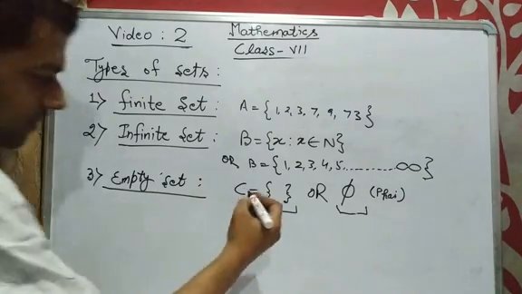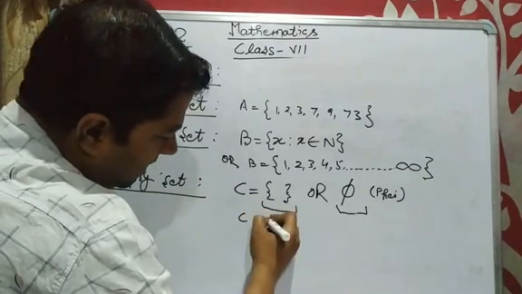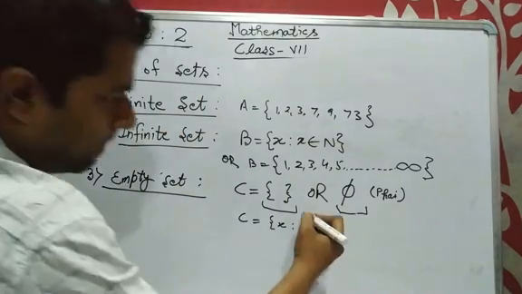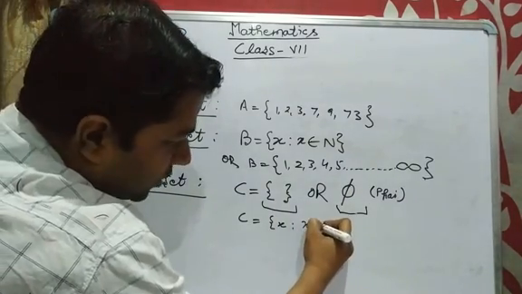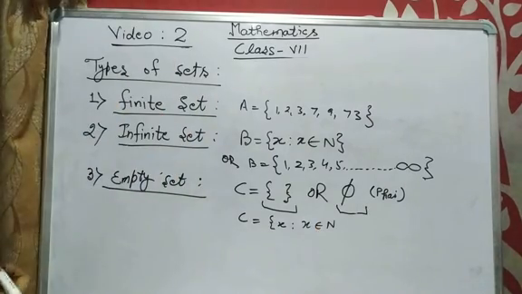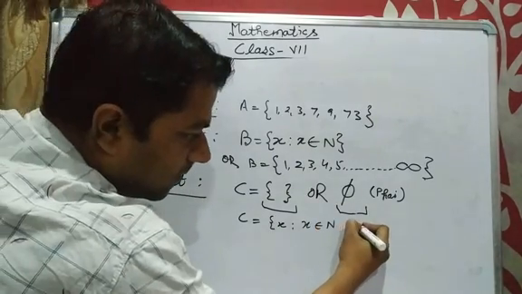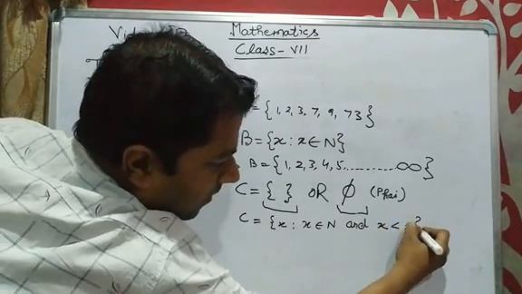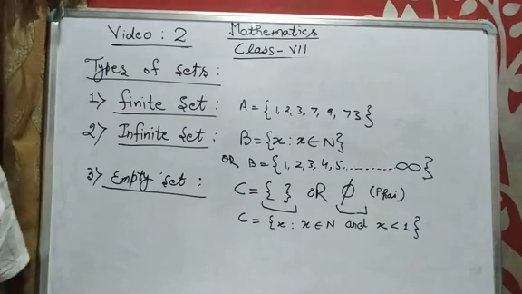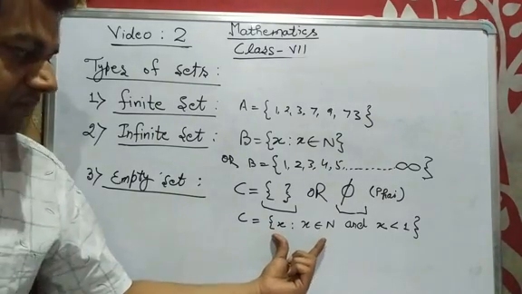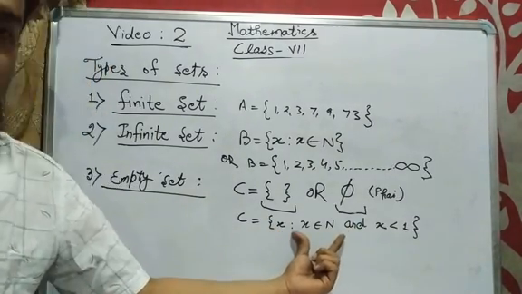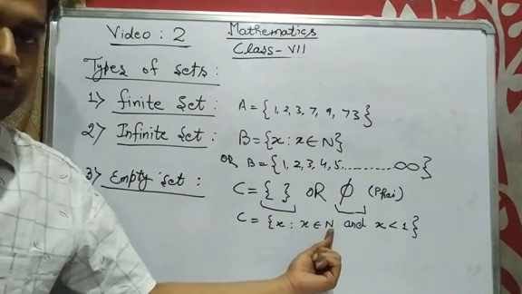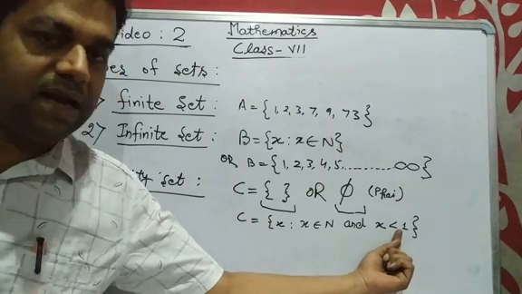Let us take an example. C is equal to X such that X belongs to natural number and X is less than 1. Now students, find the elements, convert this set builder form into the tabular form.